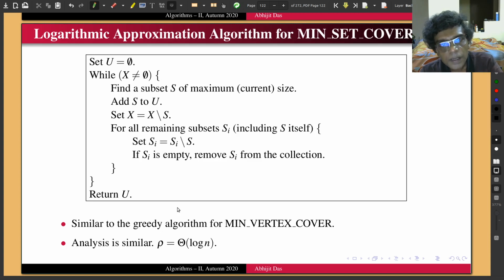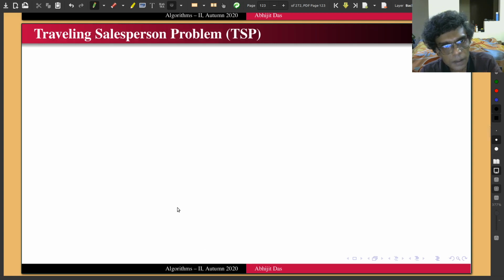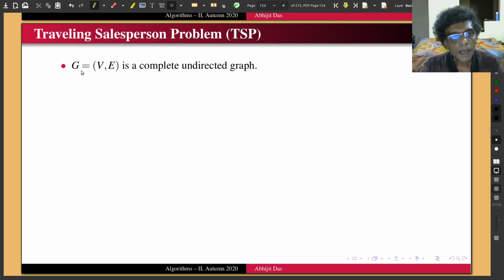Okay, now let us see a new problem of a little bit different flavor. This is called the traveling salesperson problem. You are given a complete undirected graph G equal to (V, E). Complete means for all possible choices of two vertices, there is an edge.